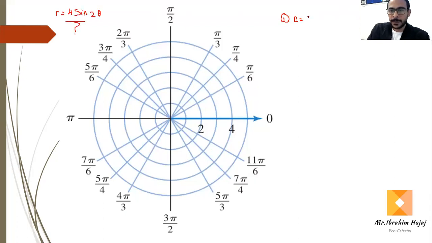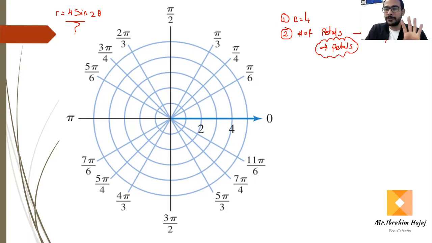Number 2, we find n, the number of petals. n equals 2, which is even, so we have 4 petals, twice n. If n is 5, I have 5 petals. If n is 10, I have 20 petals for this rose.